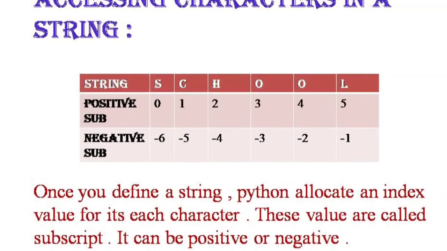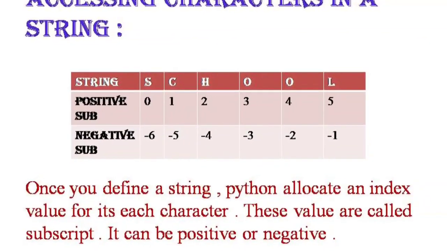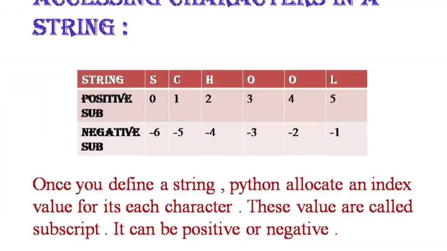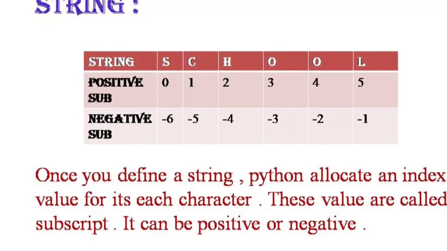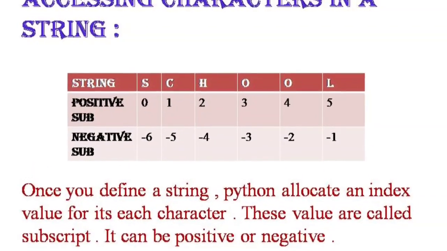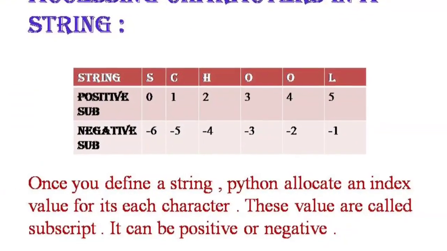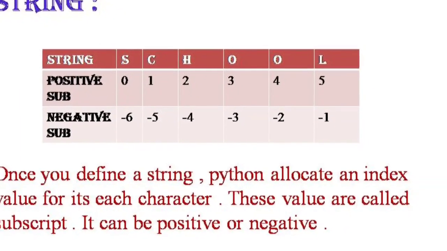Now we will see how to access a character in a string. Once you define a string, Python allocates an index value for each character. These values are called subscripts, which can be positive or negative. Now look at this example. String is given as school.